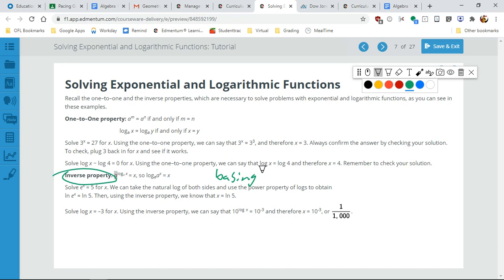They call it the inverse property, but I feel like that applies to anything. I call it basing because it's the idea of taking something and putting the base on it. I really think they need to figure out a word for this besides using inverse property.